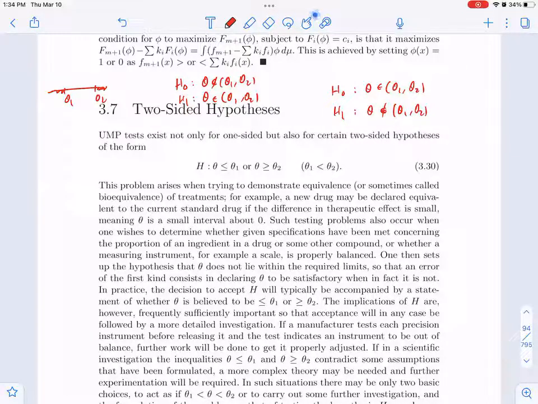And the end of the story is that this two-sided test, the exact same 2-sided test, is going to be UMP unbiased for this one. So we have a UMP test for this, which is UMP unbiased for this. Oh, sorry, the flip, basically. So you remember the symmetry that I talked about. So if you find a UMP, if there is a UMP test for this, it maximizes the power.